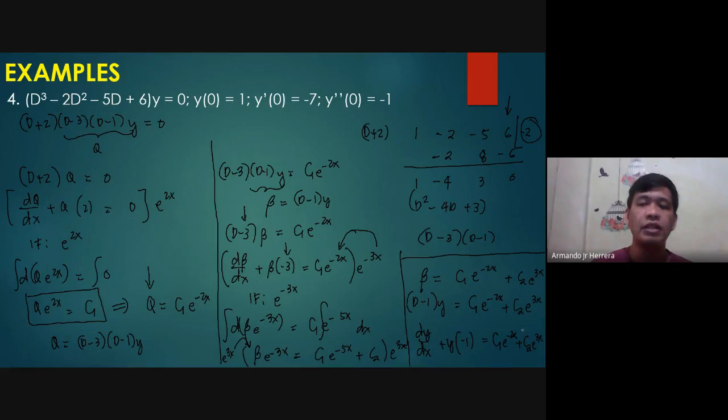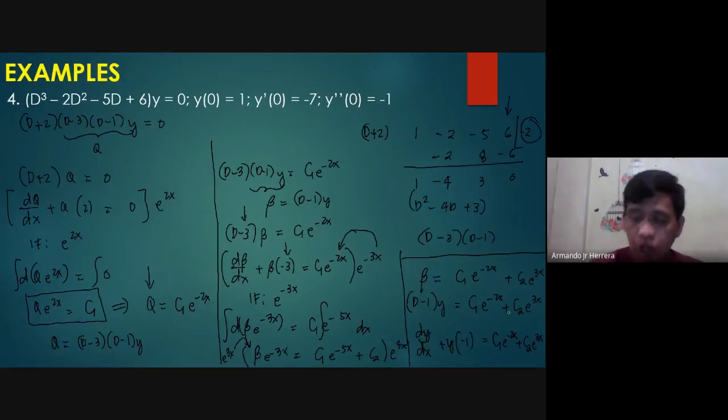So this is another linear differential equation of first order. Let me just rewrite first. That's dy dx minus y equals c1 e to the minus 2x plus c2 e to the 3x.